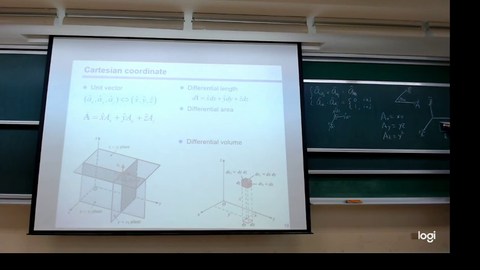If I know my small surface, differential surface, is pointing in the positive x direction, how would its area be determined in Cartesian coordinate?